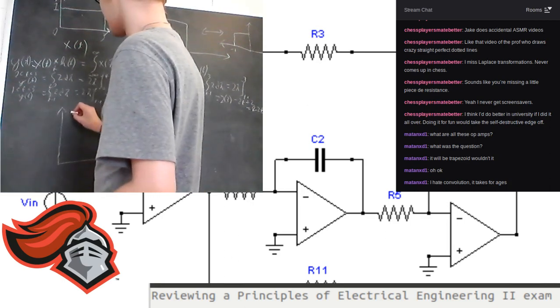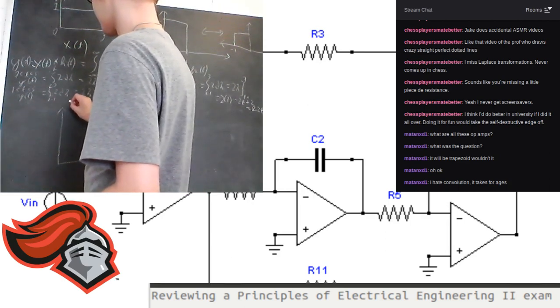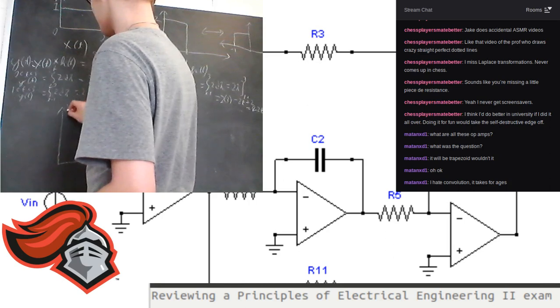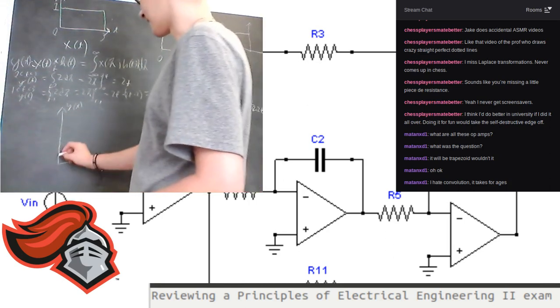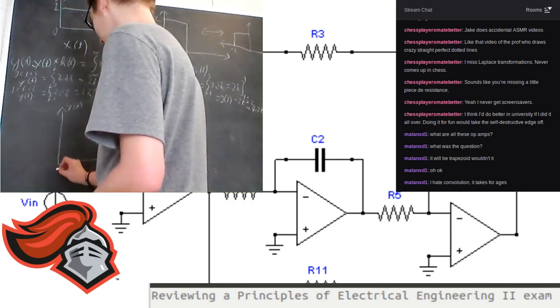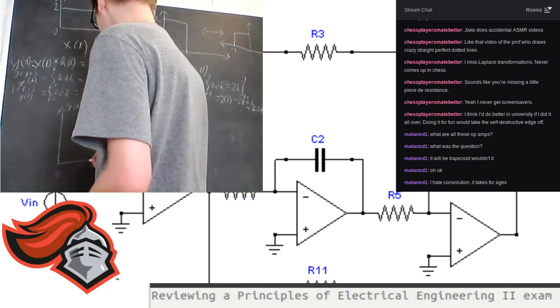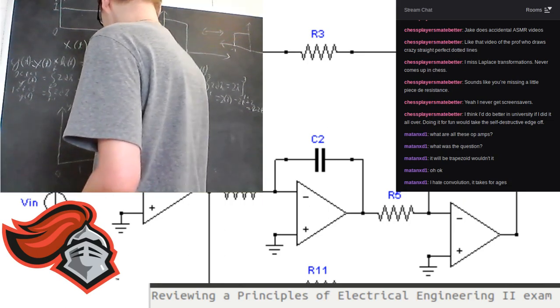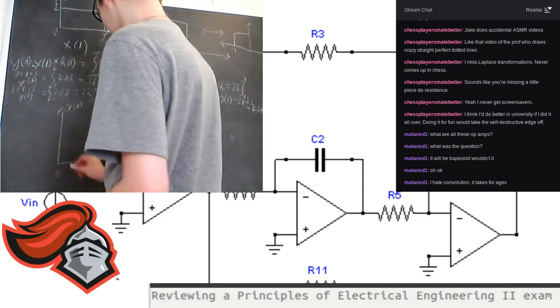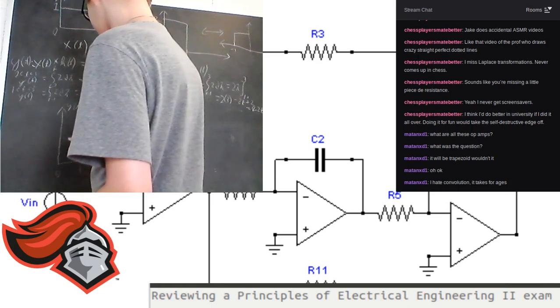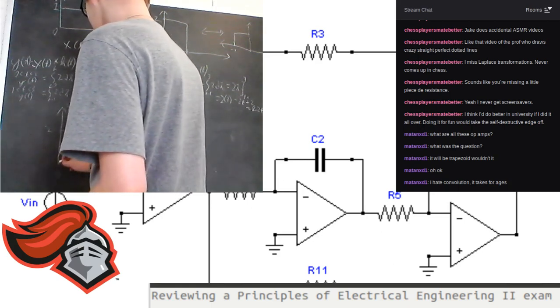Here is our y of t. I was trying to think of what letter the function was. It's y. Our significant values are 0, 1, 3, and 4. And then we have 2 right here.